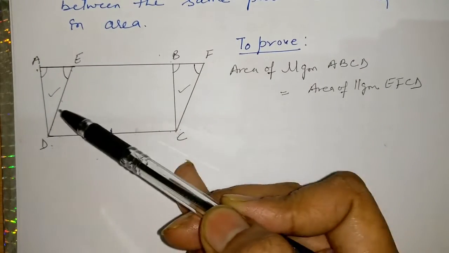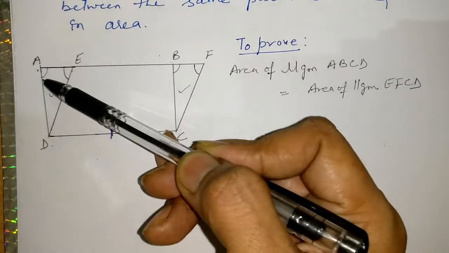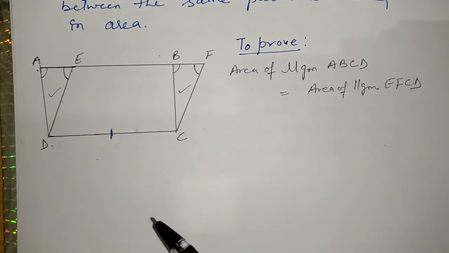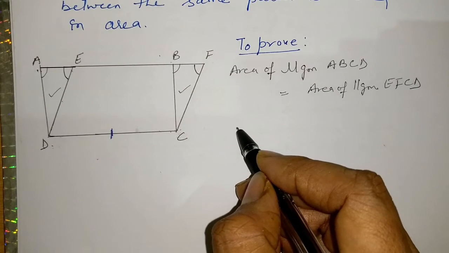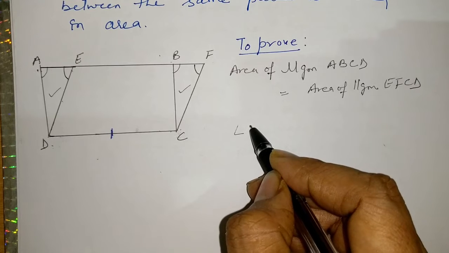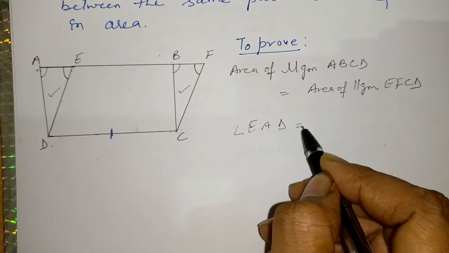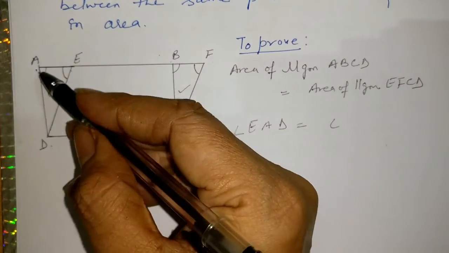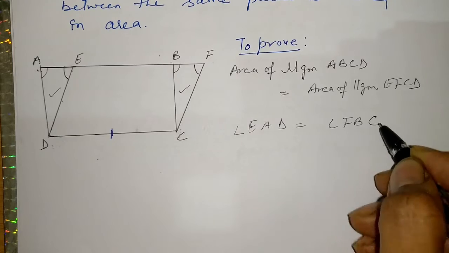Secondly, this line is parallel to this line, so this angle will be equal to this corresponding angle. So in the triangles, angle EAD is equal to angle FBC.